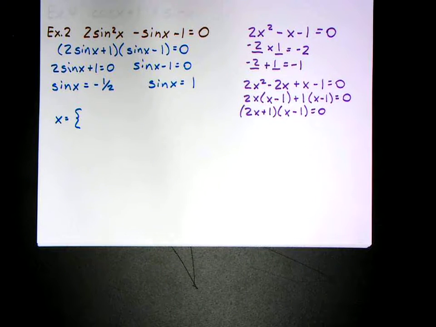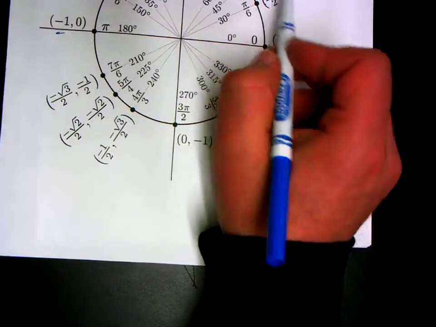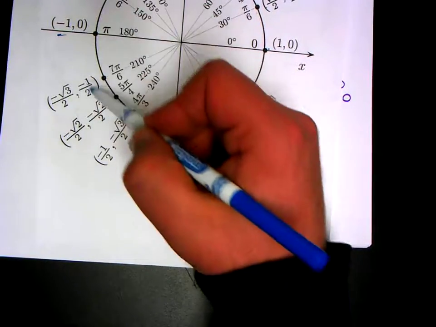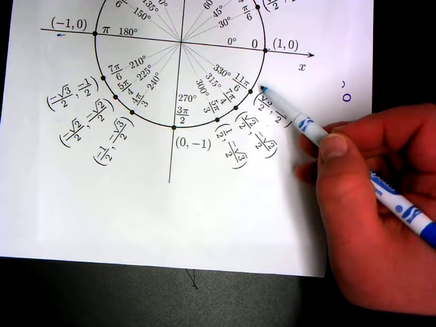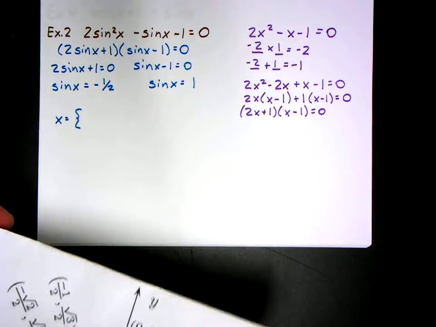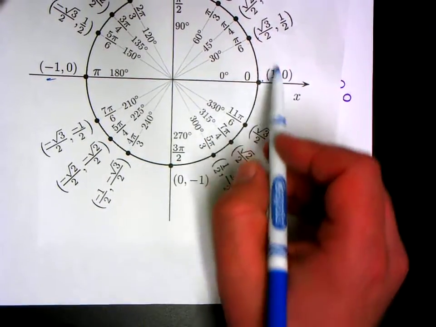And I'm just going to put them all in one big grouping. So let's see, sine equals -1/2. So I'm looking at my y values. So let's see, it equals -1/2 at 7 pi over 6, 11 pi over 6, and it equals 1 at pi over 2.